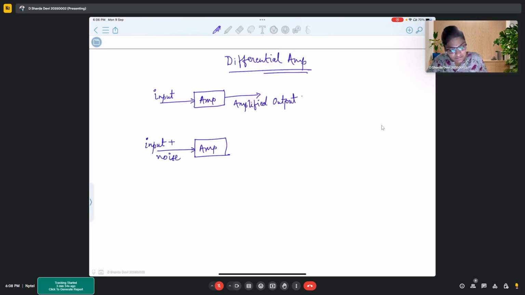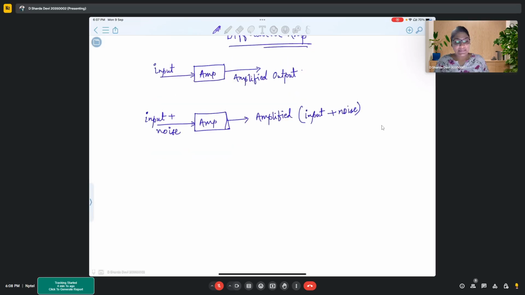From some source, there is some noise which enters your system. So your output will actually be amplified input plus noise, correct? So these amplifiers amplify the noise by the same factor as your input.